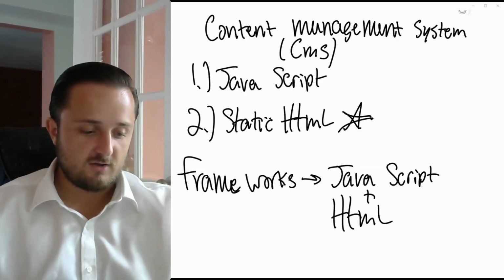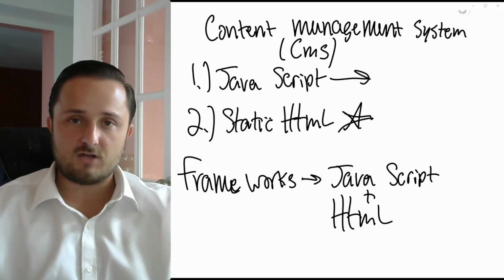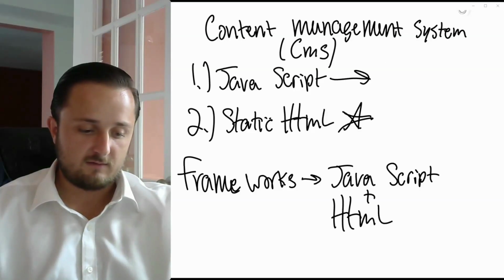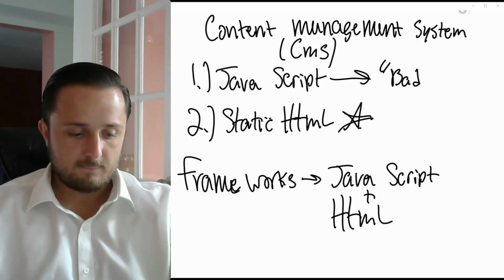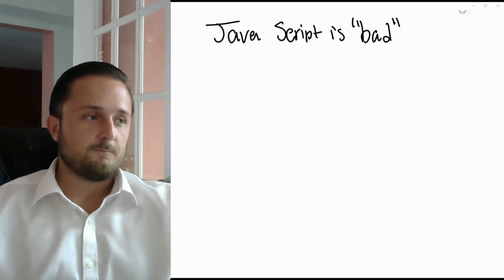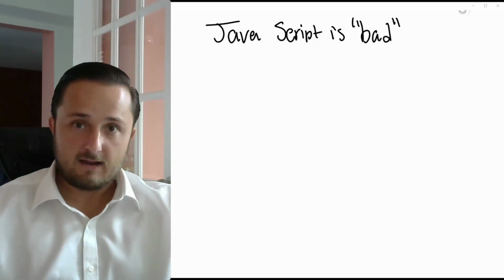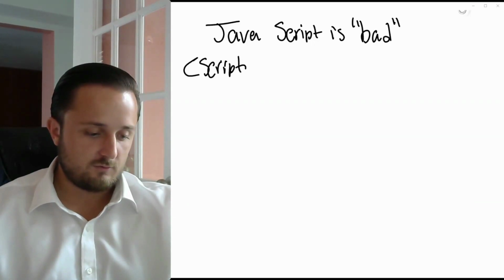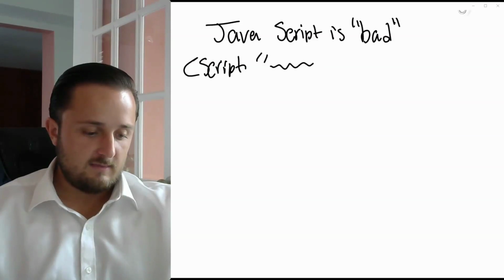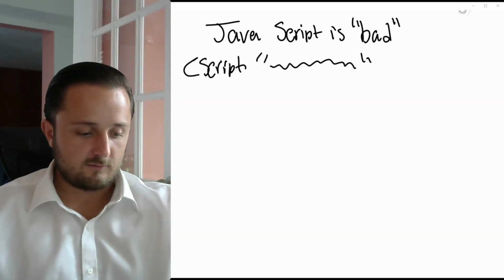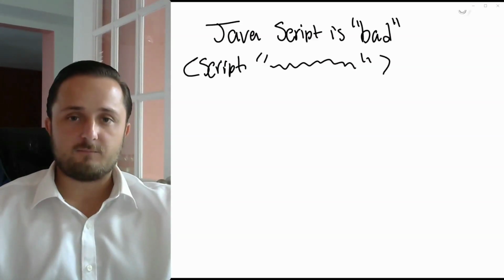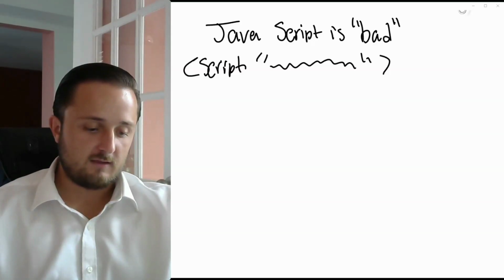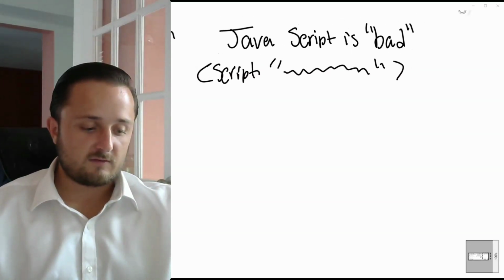So first we'll touch on why I don't like JavaScript, or why JavaScript is bad in my eyes. JavaScript is bad in my eyes because when you put JavaScript on a page, or your CMS does it for you, basically what it does is it puts a script. In this script, there are certain things being labeled or attributed.